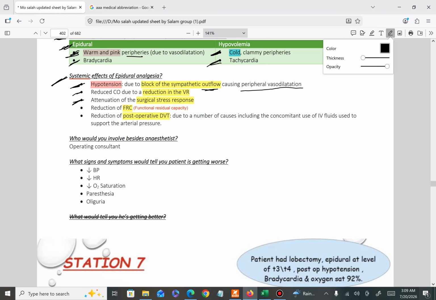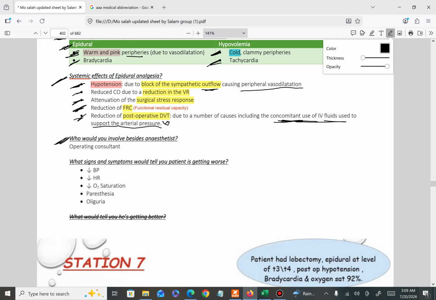Then attenuation of the surgical stress response, reduction of functional residual capacity, reduction of post-operative DVT due to a number of causes including the concomitant use of IV fluids used to support the arterial pressure. Okay, so these are the systemic effects of epidural analgesia.